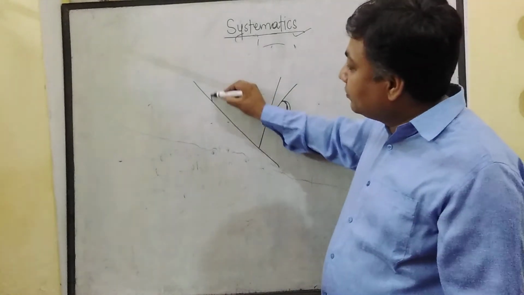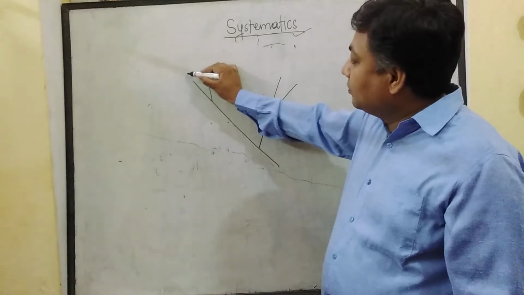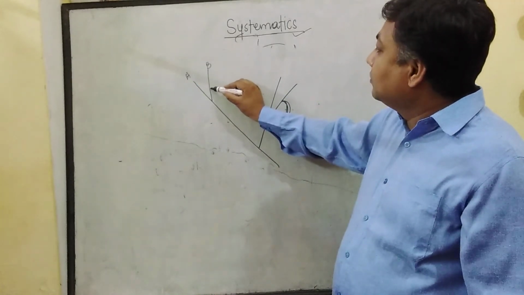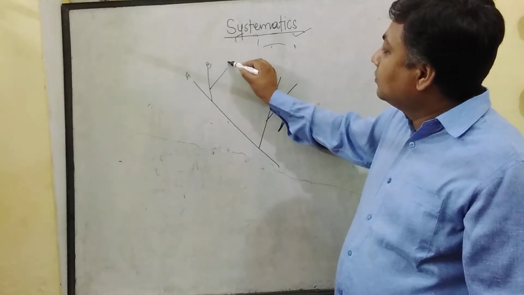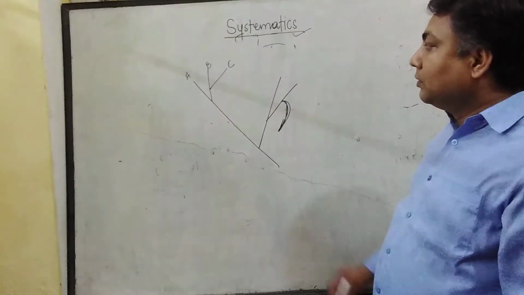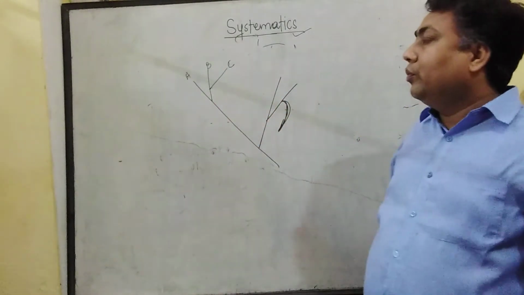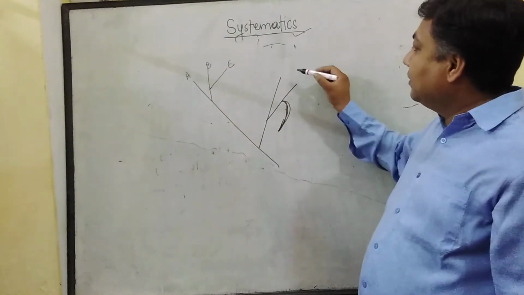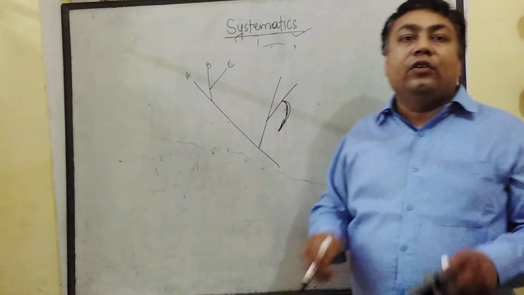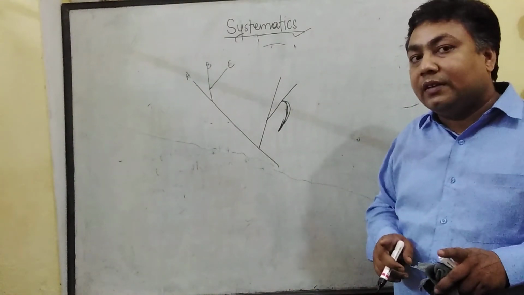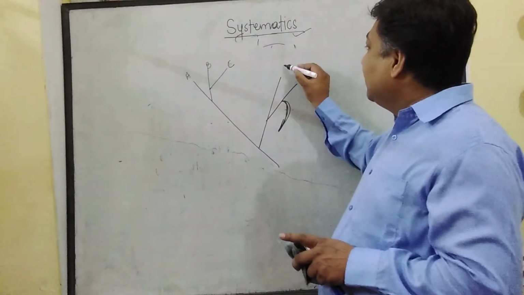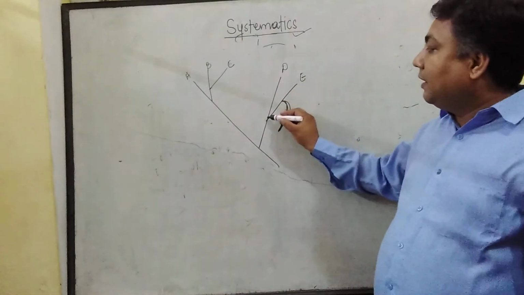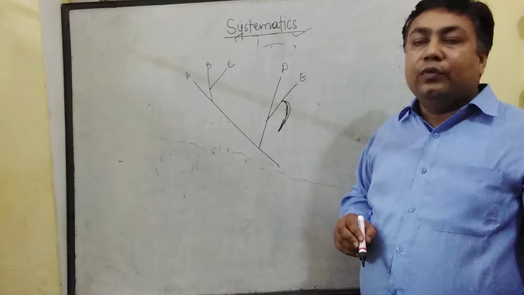Now, B and C are monophyletic, whereas A and C are not monophyletic. Here D and E are monophyletic.